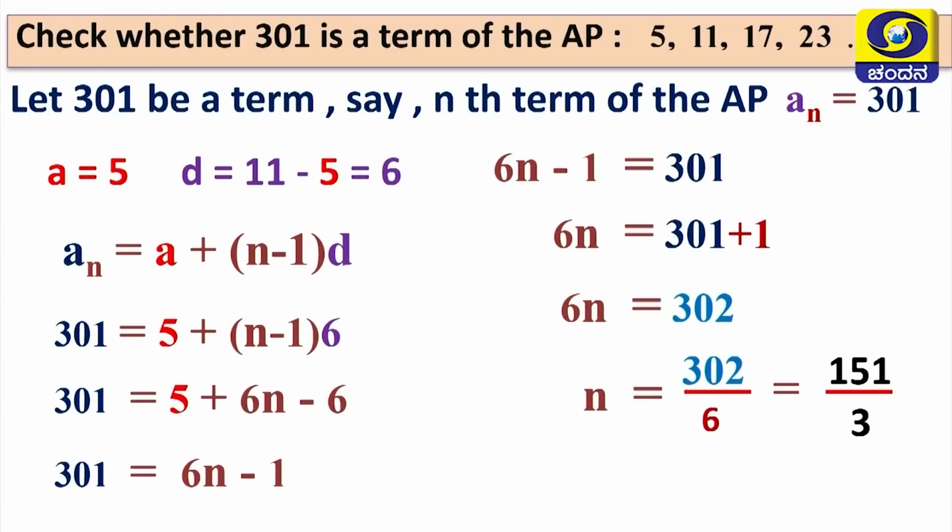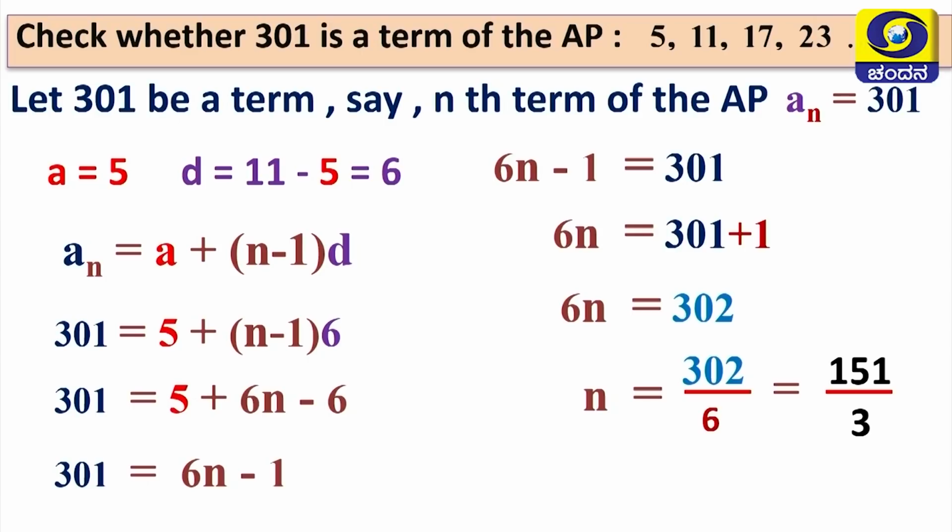I need you to have some patience and real good attention now. You said 301 is there in that sequence, in that arithmetic progression. If 301 is there in that arithmetic progression, 301 should have been 25th term, or the 37th term, or the 54th term.